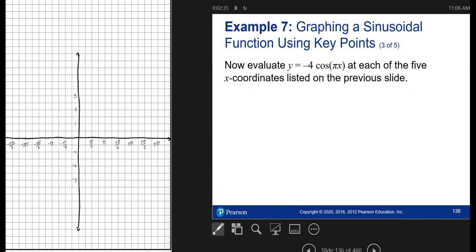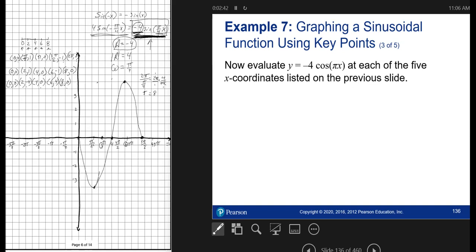So, well, let me look at the slide before. The slide before dealt with this function. All right, let me make sure.